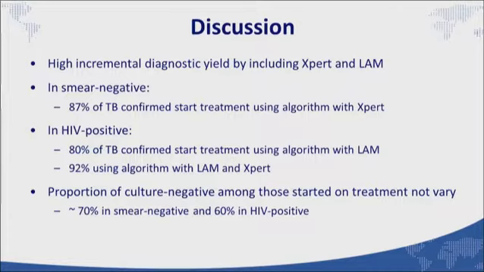In HIV-positive patients, including LAM into clinical exam and X-ray allowed 80% of the TB confirmed patients to be started on treatment, and when Xpert was added to LAM, this proportion was 92%. However, the proportion of culture-negative patients among those started on treatment did not vary.